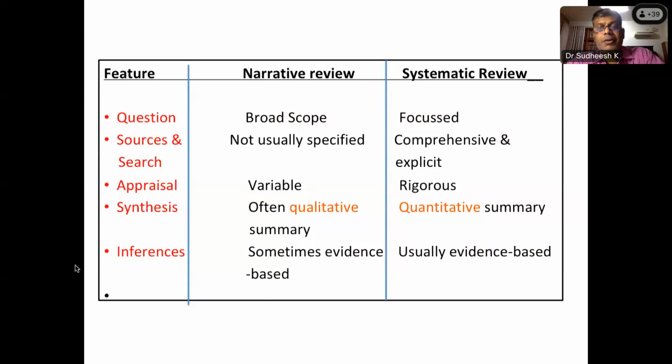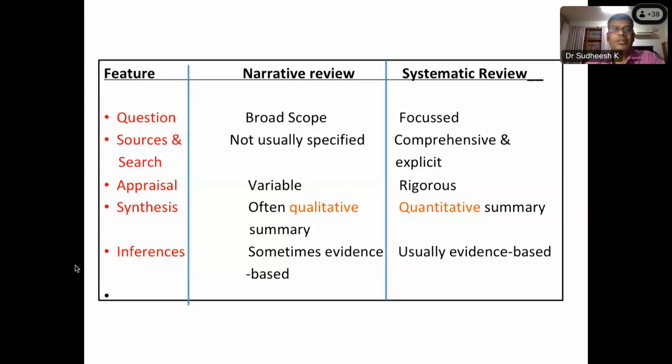Whereas in a systematic review, the research question is very focused, the sources searched are clearly and comprehensively mentioned, the appraisal is very rigorous and quantitative, and the outcome is presented as a quantitative summary in the form of values, and based on those values only do you come out with the inferences.